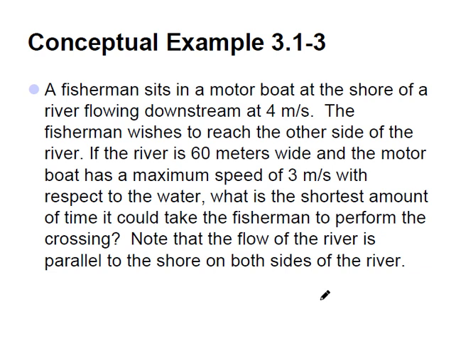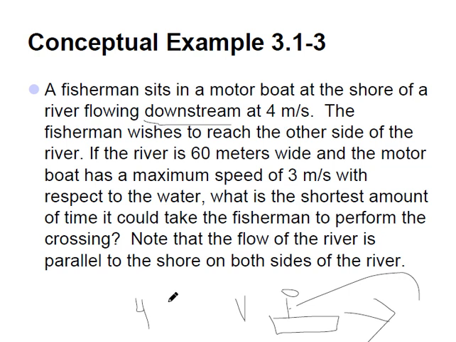A fisherman sits in a motorboat. So in your brain, you are drawing that. A fisherman in a motorboat at the shore of a river flowing downstream. All we need is going down, downstream. And of course, the velocity is 4 meters per second.